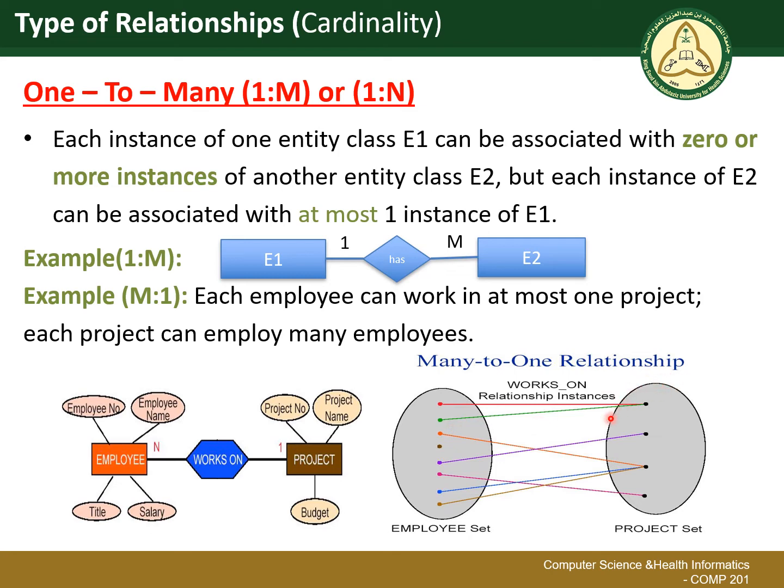But each instance of E2 can be associated with at most one instance of E1. So in the example, each employee can work in at most one project, and each project can employ many employees. So regarding this example, we can see here the diagram.